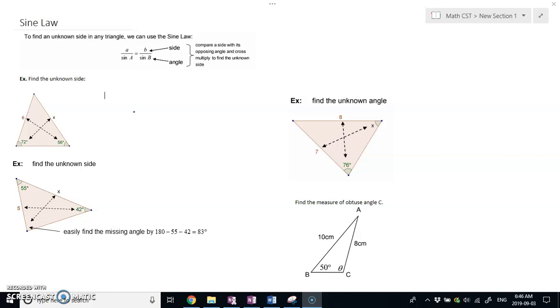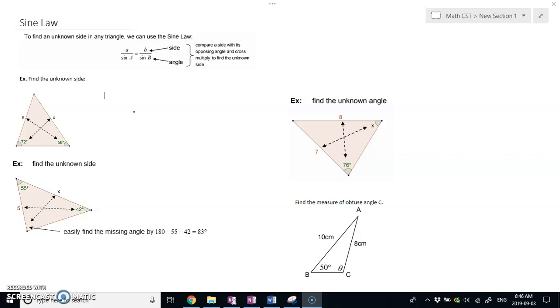It could be p over sine P, for example, but remember that small letters, like lowercase a and lowercase b, represent sides, and uppercase letters, like capital A and capital B, represent angles. So you're always doing a side over the sine of its corresponding angle, and another side over the sine of its angle.